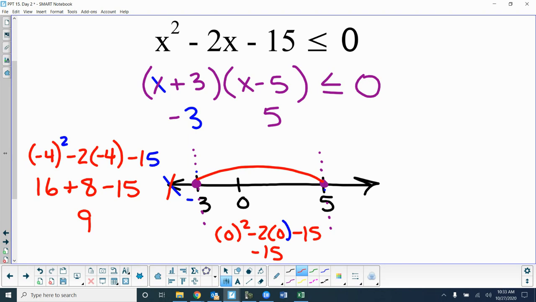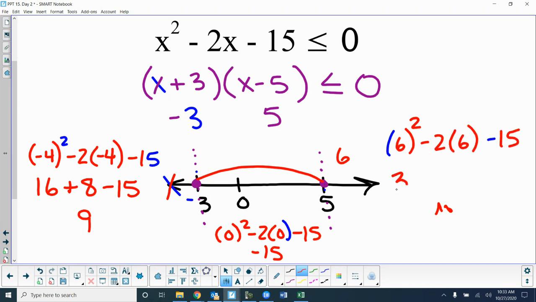That means the numbers in that section will work. Okay? And then what do you think the easiest number to pick after the 5 would be? 6, yeah. But you can pick any number. You can pick big numbers if you want. But I always try to pick the ones that are closest to them on either side. So I go 6 squared minus 2 times 6 minus 15.